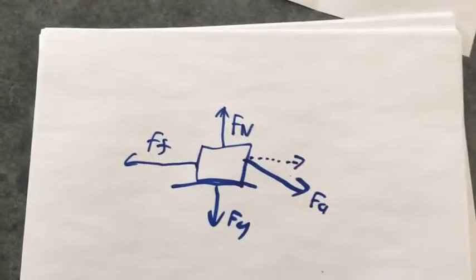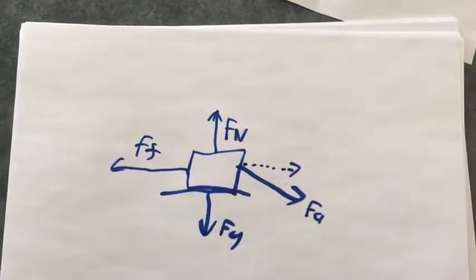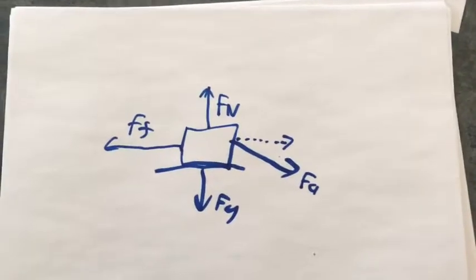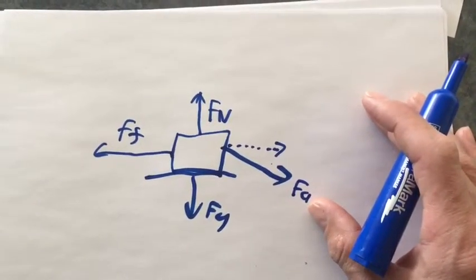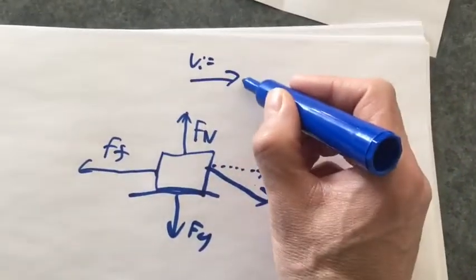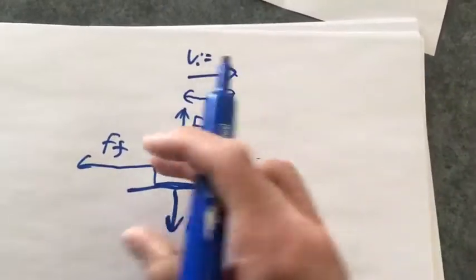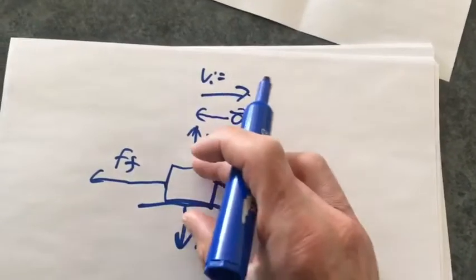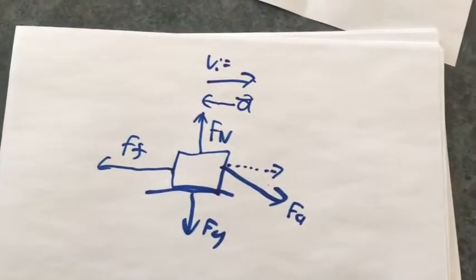That is possible, but it's only possible if the block is sliding forward because it was sliding forward previously due to other forces. If the block was already sliding forward, it could be slowing down. So we have some initial velocity going this way, and we have an acceleration that's going the other way as the block slows down. Despite the fact that we're pulling it forward, it's slowing down as it moves forward until it stops. When it stops, there's enough friction that that block will remain at rest.